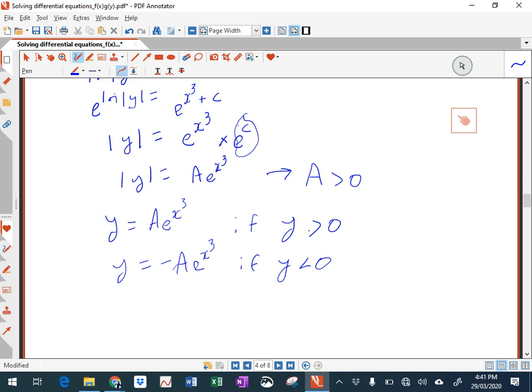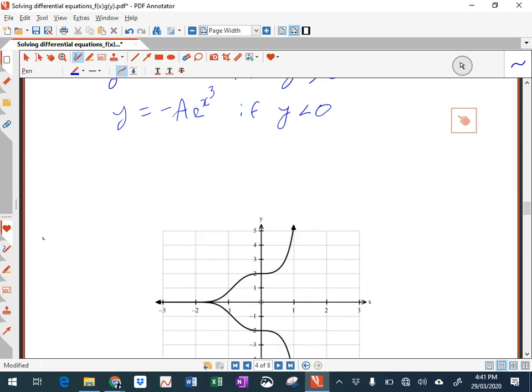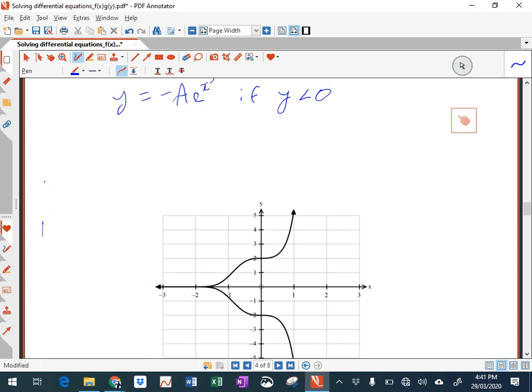All right. Now, how does that look? Hey presto, I've already drawn the graph for you down here. So you can see here y bigger than 0 and y less than 0. There's two cases. Now just be aware though, down here, it looks like it's on the x-axis. It isn't. It's approaching. Because if you think about it, let's consider the case above the x-axis, e to the x cubed.